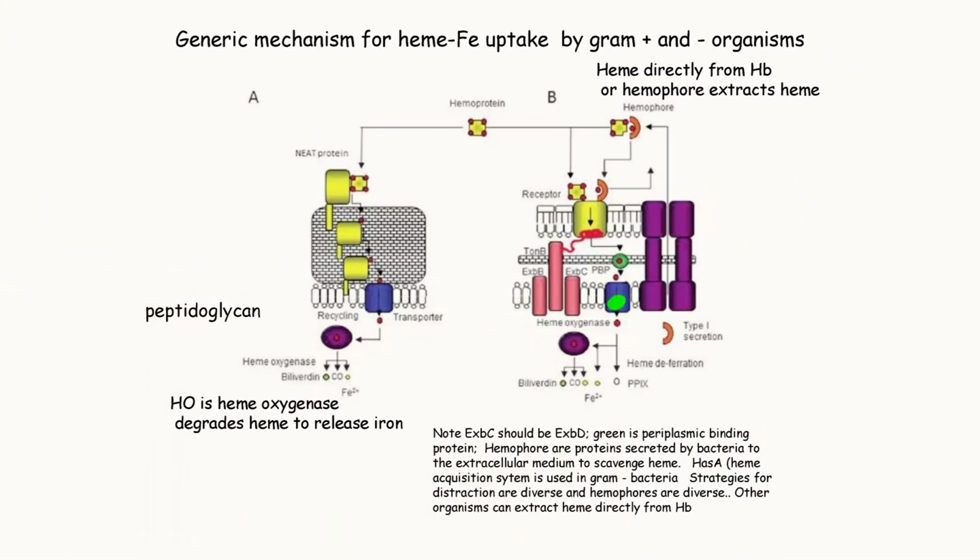And what happens, just as in the case, if you go back and look at your notes from last time, there's a periplasmic binding protein that takes the heme and shuttles it again to these ABC transporters.